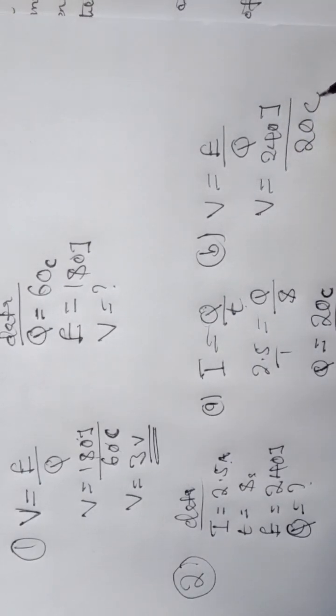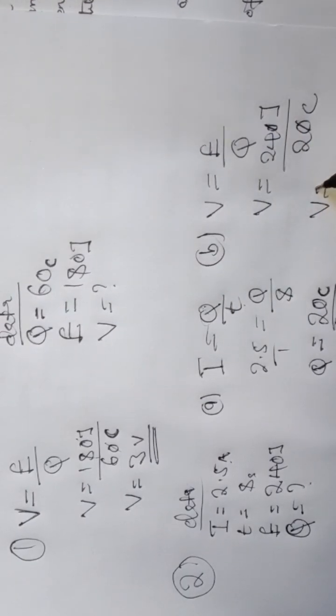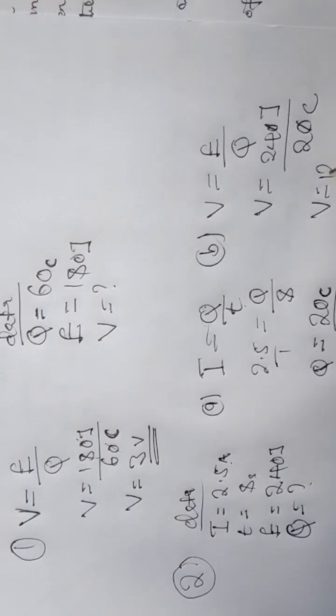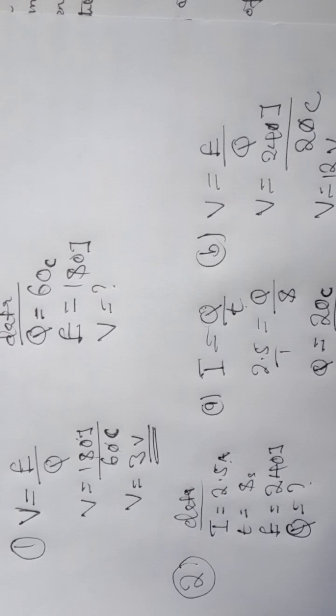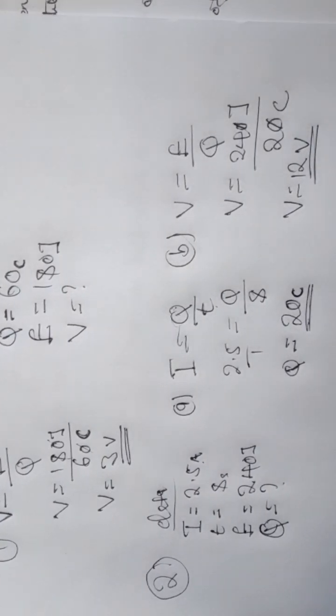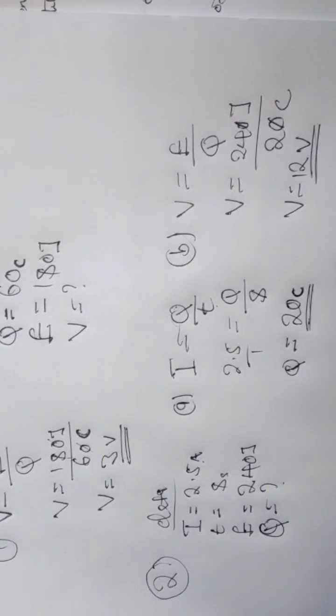So we divide there and there. V is equal to 24 divided by 2, which is 12 volts. So these were the answers that were expected for us to find.